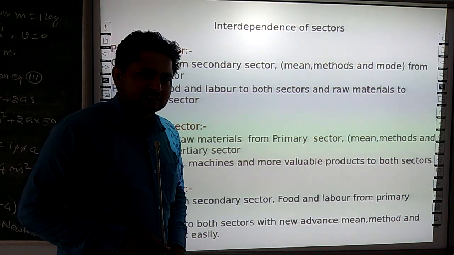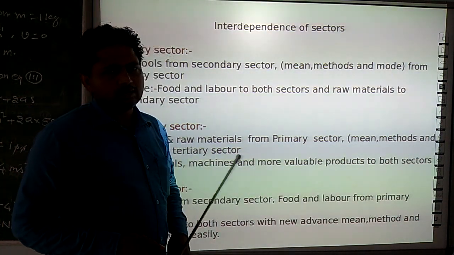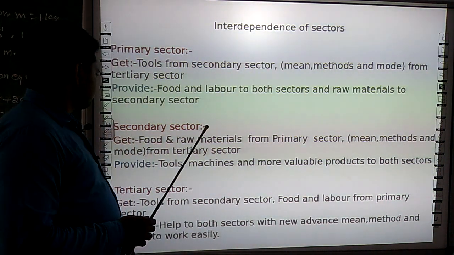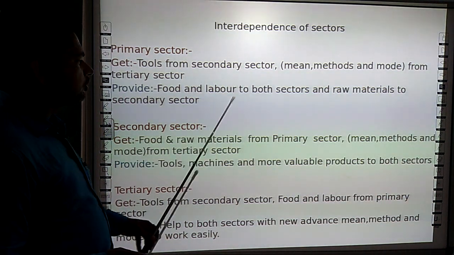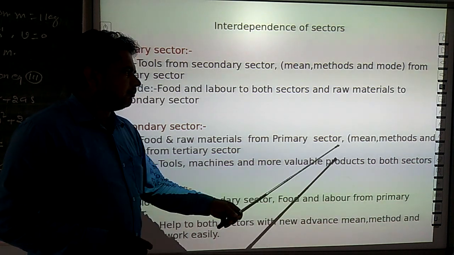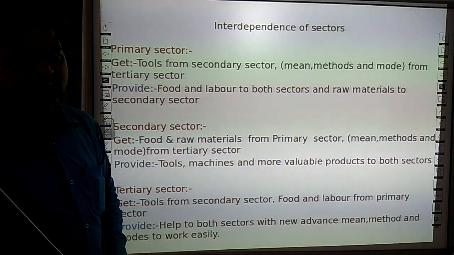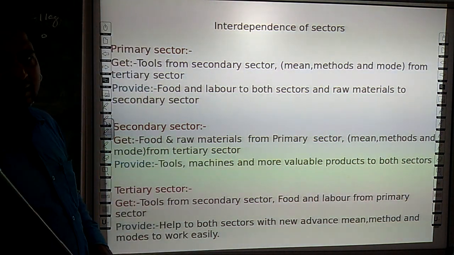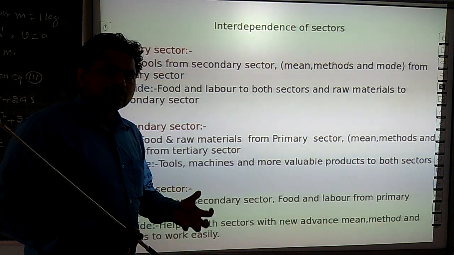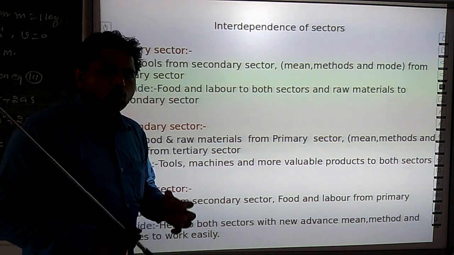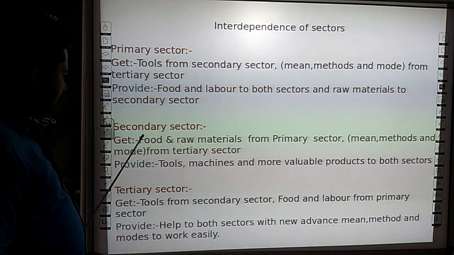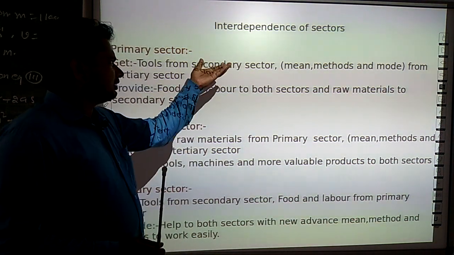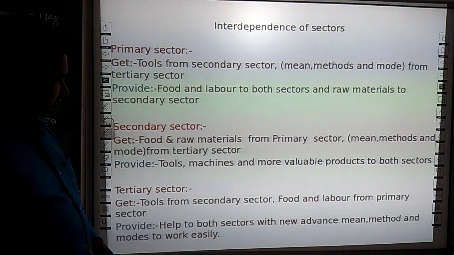In absence of this raw material, the secondary sector could not survive or even produce a single good or gadget. The secondary sector gets food and raw material from the primary sector and means, methods and modes from the tertiary sector, which increases production in the secondary sector, and the secondary sector becomes capable of producing more valuable goods, and it provides tools, machines and more valuable products to both the primary and tertiary sectors.